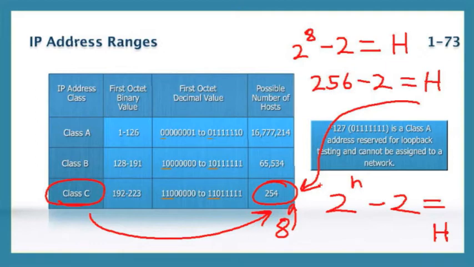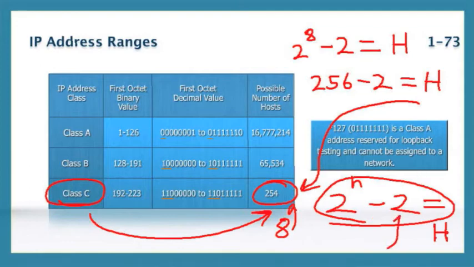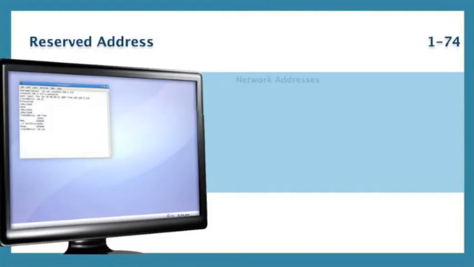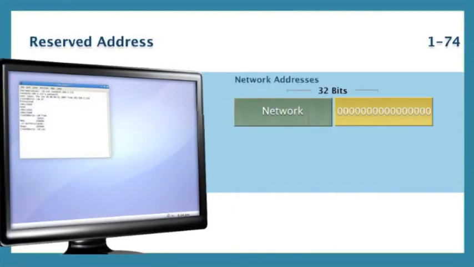Now, lots of my students know all about the magic formula. But what's interesting is, why the minus 2? Well, let me answer the minus 2 in the formula for you.